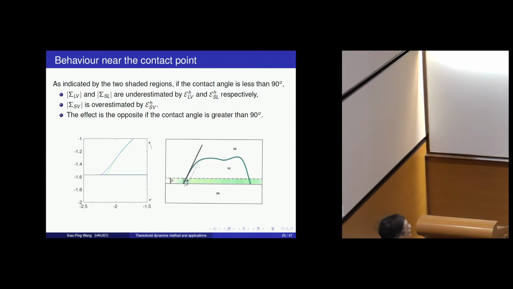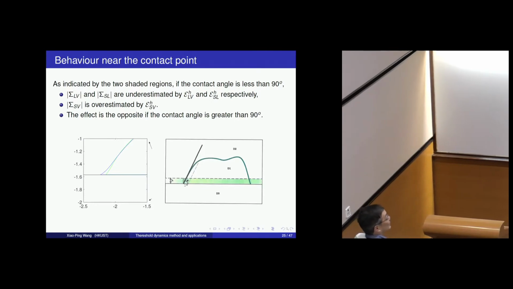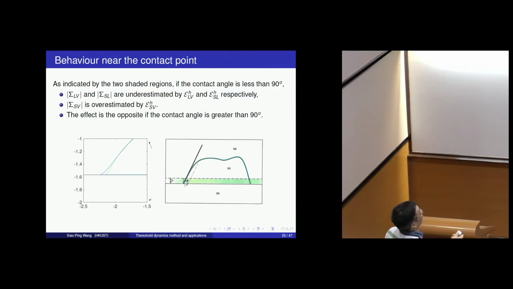If the contact angle is less than 90 degrees, from this picture you can see that the interface energy of liquid-vapor and solid-liquid is underestimated by the heat kernel convolution, because the heat kernel has a thickness of H. There is supposed to be a band here. So these two are underestimated, but the solid-vapor part is overestimated.